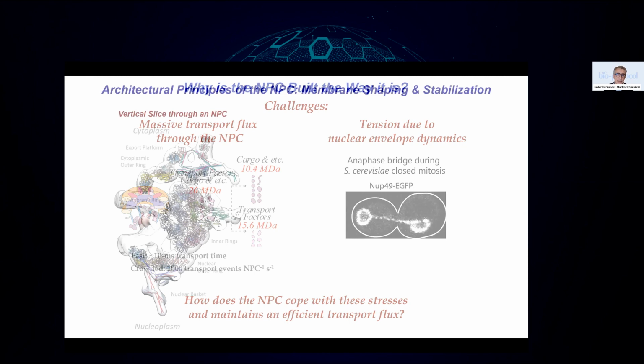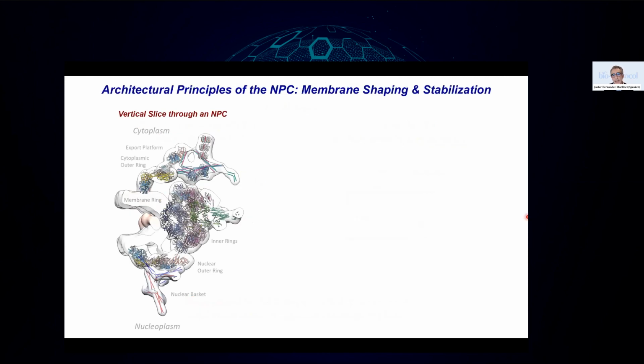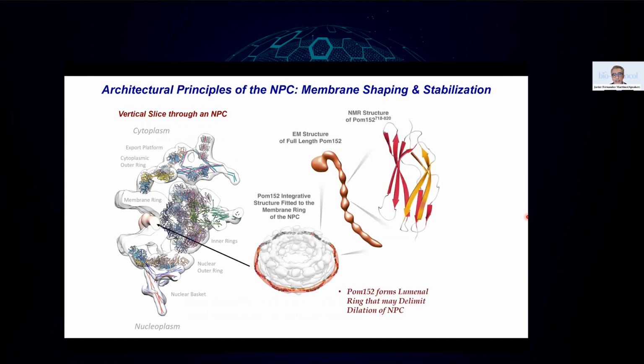And when we look at this, the first insight was that the main component of the membrane ring, that's COM152, that has this Perlon string shape, forms and is arranged in a luminal belt that seems to be surrounding the core scaffold of the NPC and potentially forming a belt that delimits the level of dilation of the nucleopore complex.